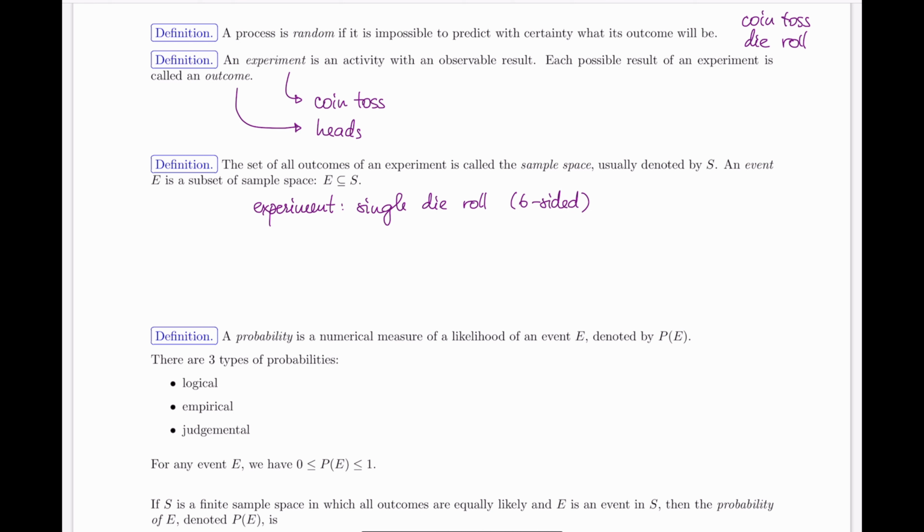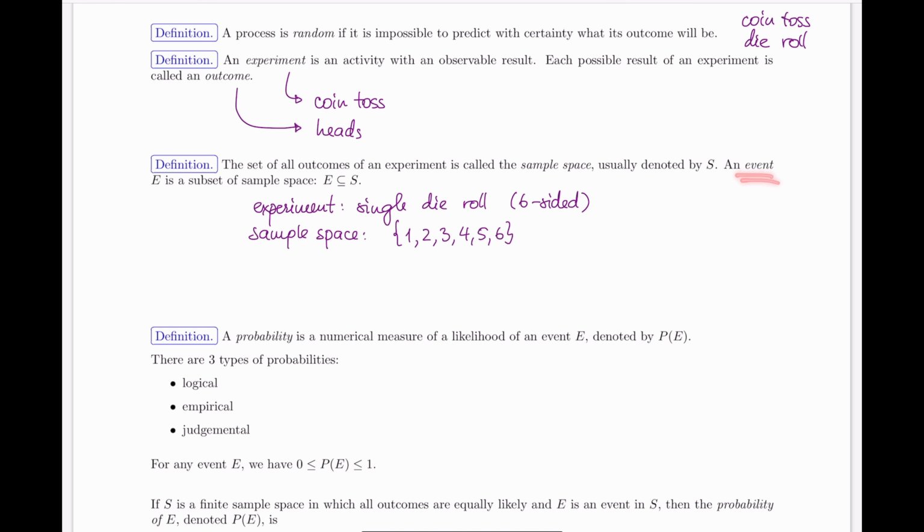A sample space for this experiment is going to be a set, as per definition, of all the possible outcomes. So if I roll a single die, what are my possible outcomes? I can roll a 1, a 2, 3, 4, 5, or 6. The set of all the possible outcomes is my sample space.